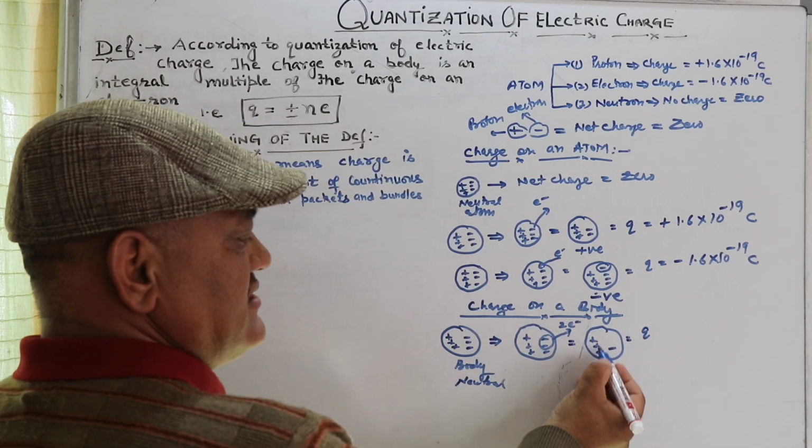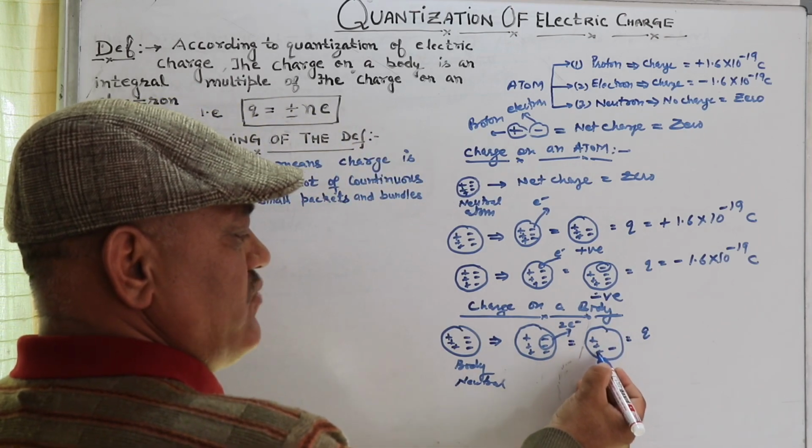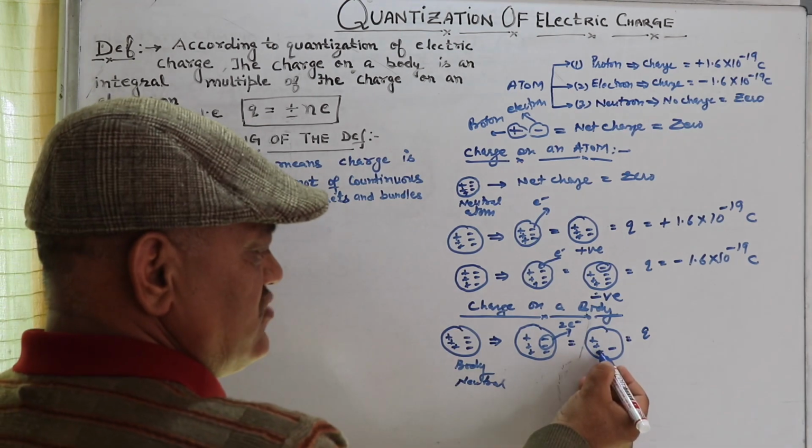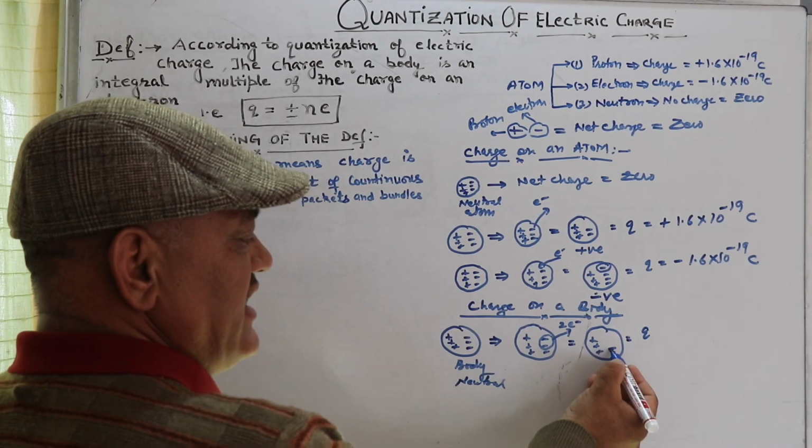Now in this case, the body has 3 protons and a single electron, this one proton neutralizes this single electron.